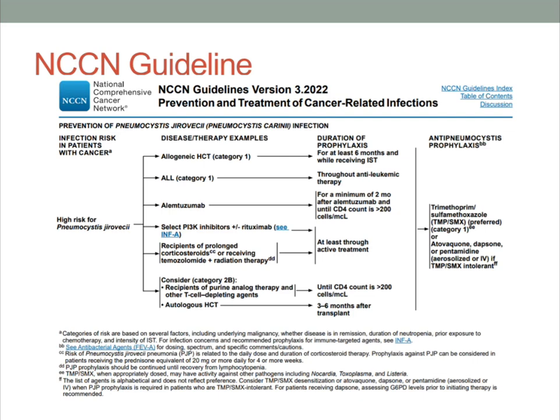So that's one that comes up sometimes. If you're just getting temozolomide for a CNS malignancy, you may not need it, but as soon as you're doing that with radiation, you should. That may show up on a board exam because it's very interesting that you have to combine those before your risk really goes up. And then same sort of thing, trimethoprim-sulfamethoxazole is the preferred agent with other alternatives listed.